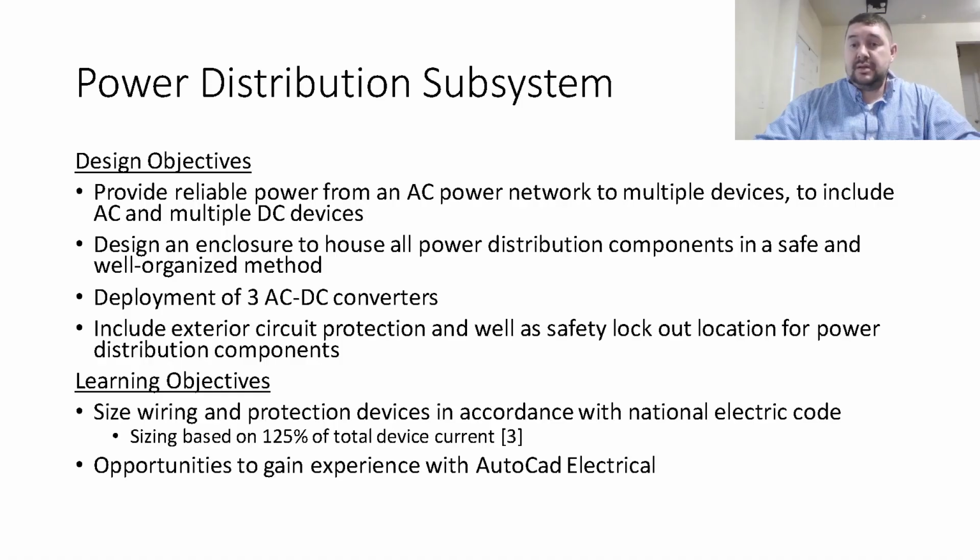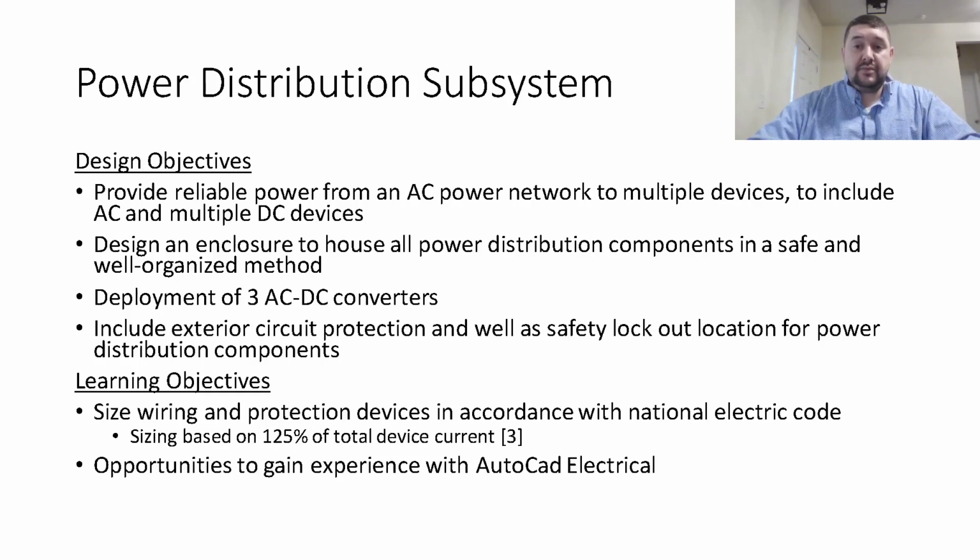The subsystem that I individually designed was the power distribution subsystem. Now this subsystem's objective is to receive 120 volt AC power from an ordinary outlet or wall receptacle and then distribute that power throughout our simulator or subsystems that require both AC and DC.